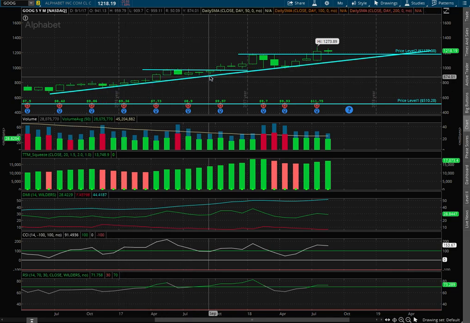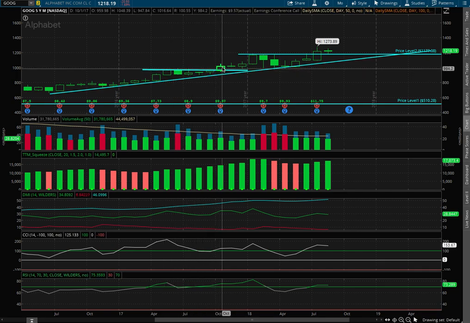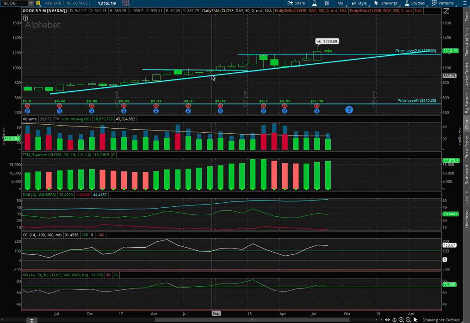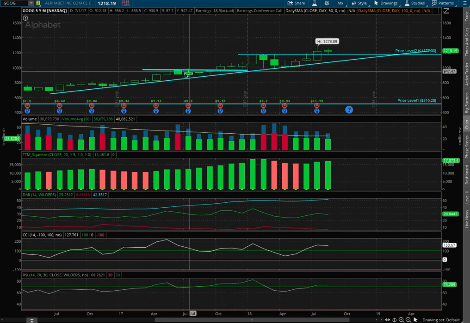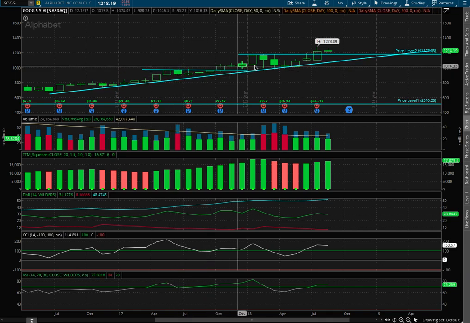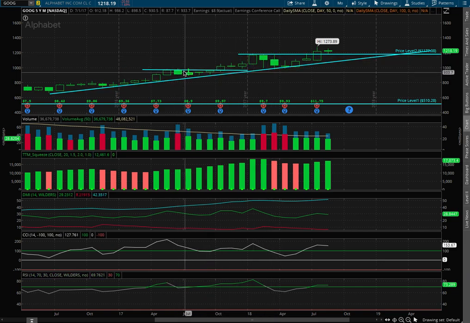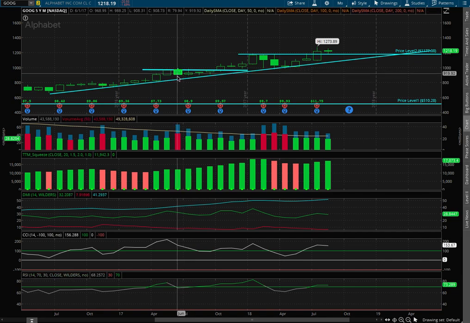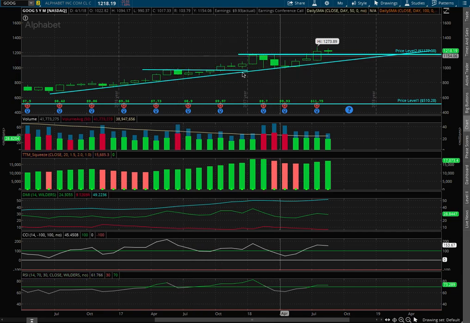So we had this pattern of a wedge, and then this wedge, this resistance right here, broke out. And then how do we measure to find out how big of a move it's going to be? So we usually measure the middle of the wedge.